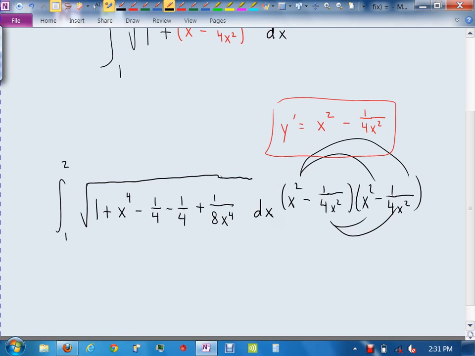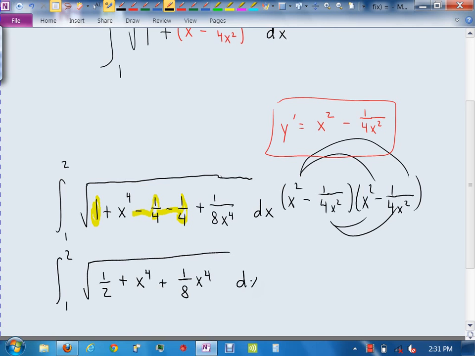Now let's collect some things together. What's negative 1/4? Take away another 1/4. That's negative 1/2. Add that to 1, and what do you get? So when you put the 1 together with the minus 1/4 minus 1/4, you get a 1/2. So integral 1 to 2, square root 1/2 plus x to the 4th plus 1/8 x to the 4th dx.